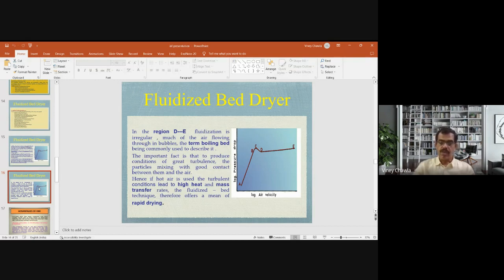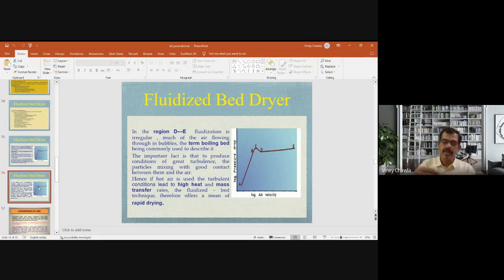Another important thing that we must note is that to produce conditions of great turbulence, the particles should mix with each other. They should mix with air. So from the surface of the particle, moisture is going to the air, and air is coming in contact with the surface of the particle. So it is giving its heat.